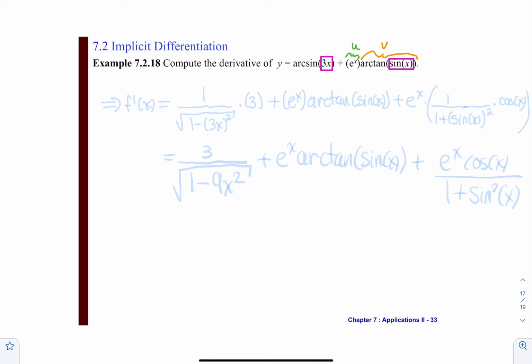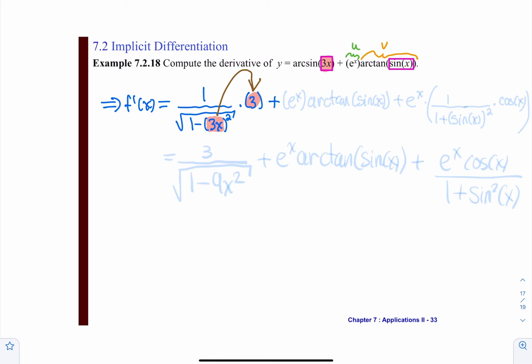When computing f prime for the first term, arc sine gives 1 over the square root of 1 minus the inside squared. The inside is 3x, so you get 1 over the square root of 1 minus (3x) squared, and then you multiply by the derivative of 3x, which is simply 3, using a chain rule.